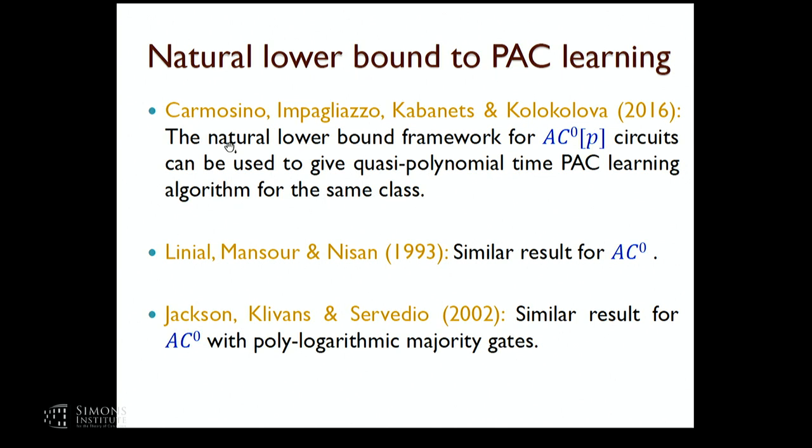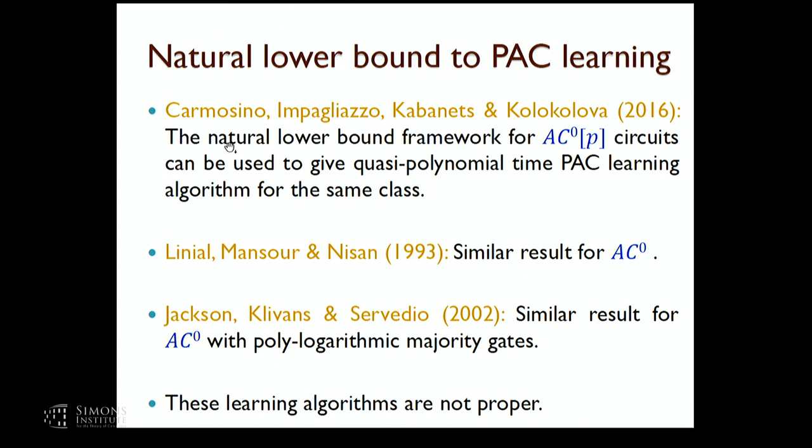And the earlier two results, the one for AC0 and AC0 with polylog majority gates, are also PAC learning quasi-polynomial time algorithms. But let me make a note that these learning algorithms are not proper, in the sense that the output, let's say for this, is not an AC0 circuit, but some quasi-polysize circuit. And same for this one as well as this one.